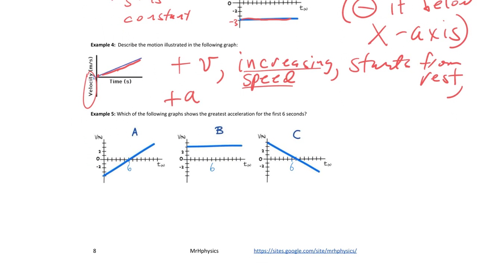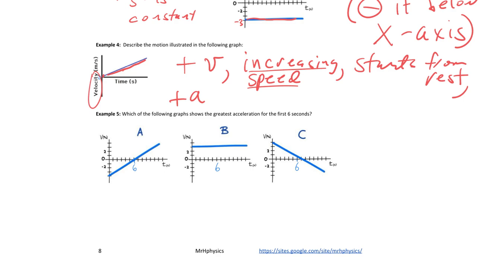Which of the following graphs shows the greatest acceleration for the first 6 seconds? It's the steepest one. Obviously it's not this one because acceleration is slope and slope is 0 if you have a horizontal line. So it's between these two.